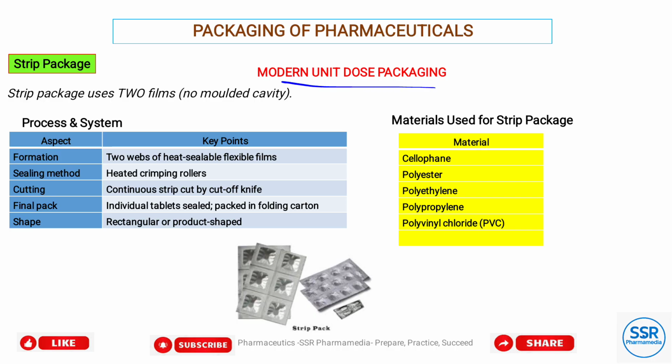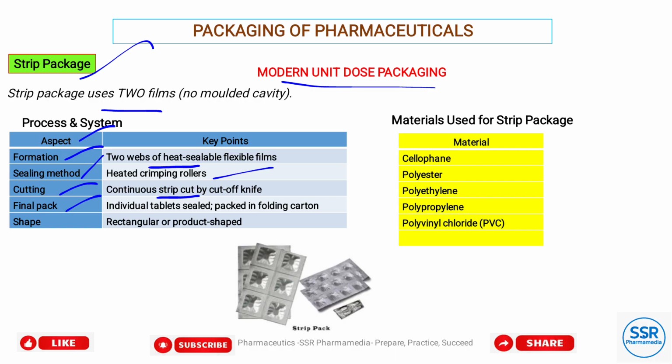Next, under the modern unit dosage form, strip packing. Strip package uses two films. In process and systems aspects, first is the formation: two webs of sealable flexible film. Sealing method: heated crimping roller. Next is the cutting: continuous strip cut by cut off knife.